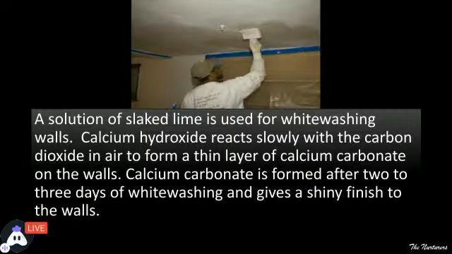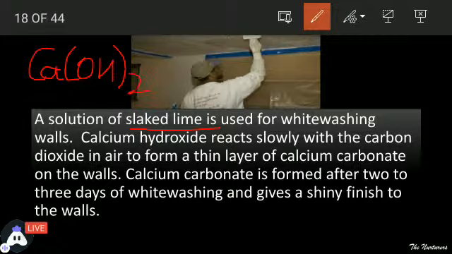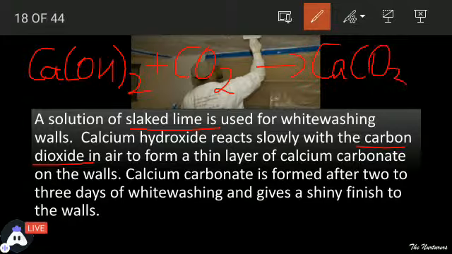Now what this question, or this case study, this paragraph is telling, when slaked lime, जो slaked lime अभी हमने पढ़ा, slaked lime हम किसे बोलते हैं? कैल्शियम हाइड्रोक्साइड को. So when this calcium hydroxide is reacting with the carbon dioxide, क्योंकि हमने वॉल पे पेंट किया, पेंट में क्या है? कैल्शियम हाइड्रोक्साइड है. अब पेंट जब एटमॉस्फेयर के साथ रिएक्ट करेगा तो एटमॉस्फेयर में कार्बन डाइऑक्साइड तो प्रेजेंट है, और रिएक्ट करने के बाद वो कैल्शियम कार्बोनेट बना रहा है जिसे हम बोलते हैं CaCO3.